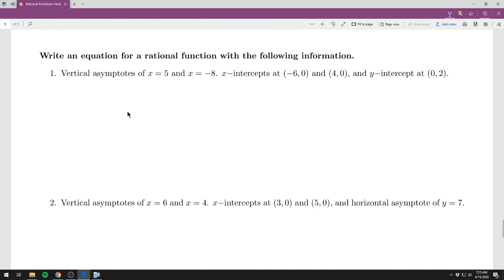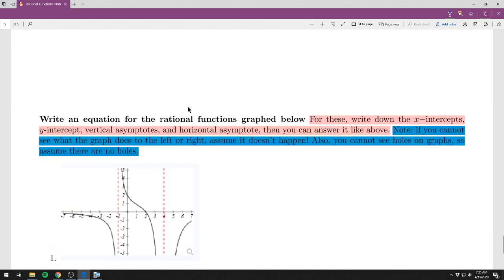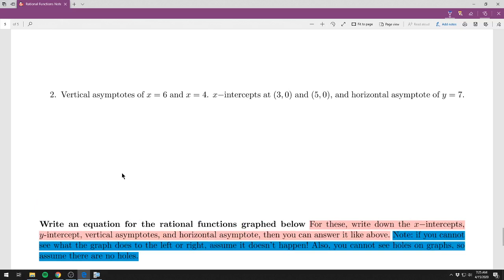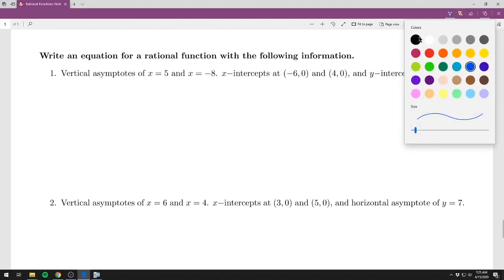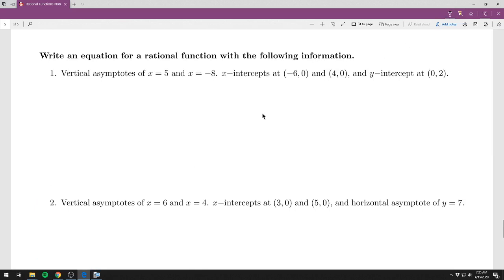All right, so the first couple I have here are descriptions, and then the last one will be a graph. This first one, what you'll notice for these written ones is there's no mention of multiplicities. We're just going to assume all multiplicities are 1.